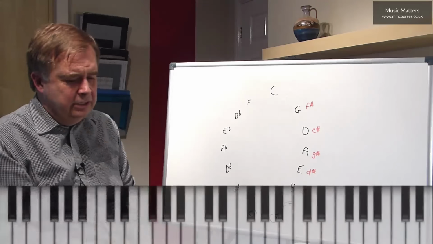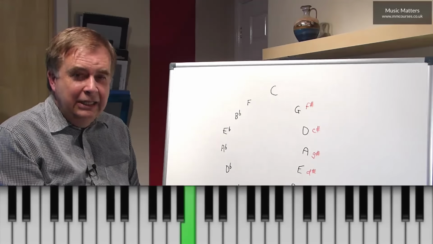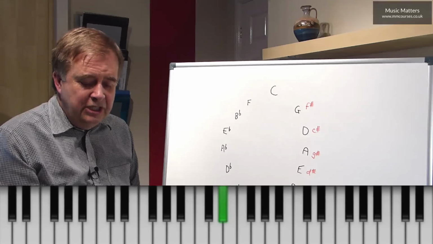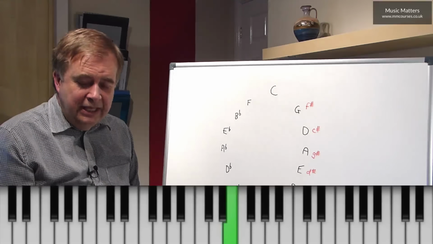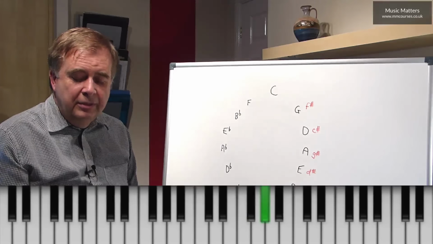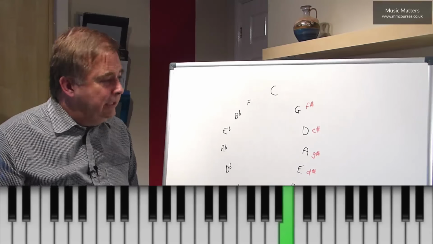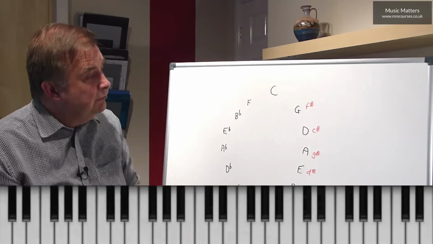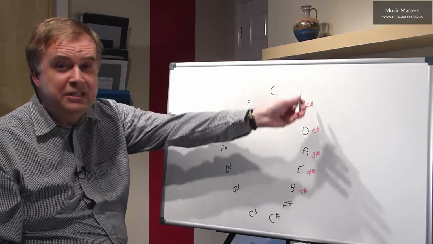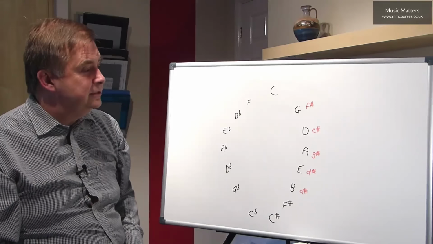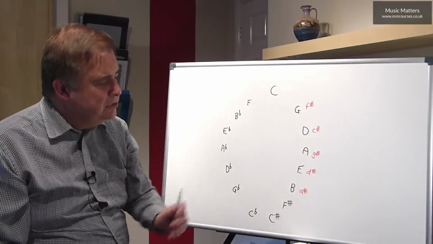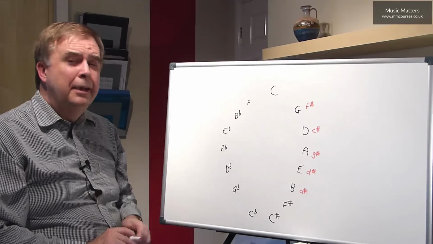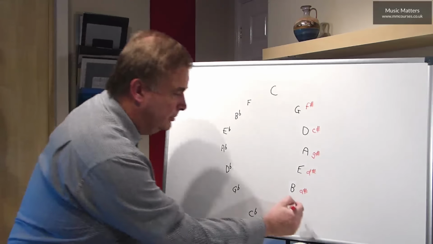Let's just check it out. Here's B major: B, C sharp, D sharp, E, F sharp, G sharp, A sharp, B. So you can see it's got the five sharps that we've identified on the circle of fifths. The seventh note in F sharp major must be E sharp.